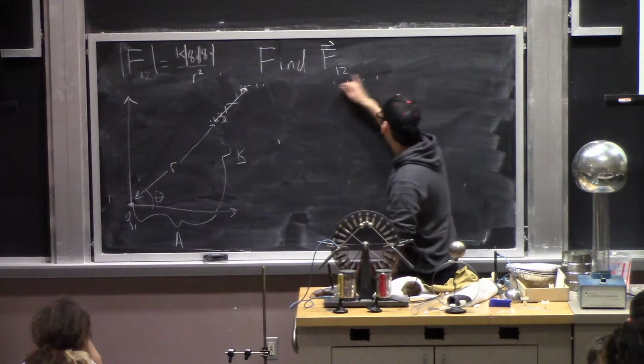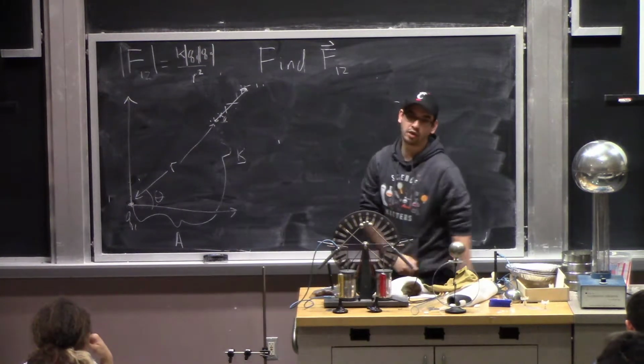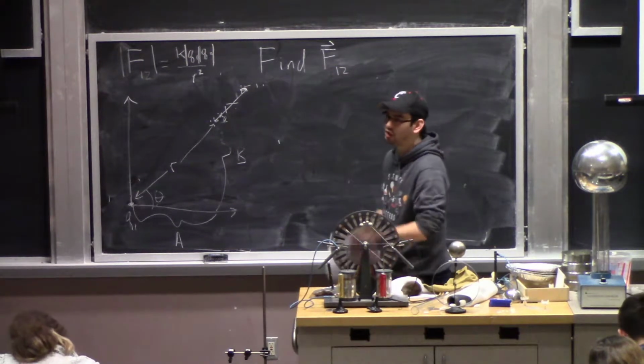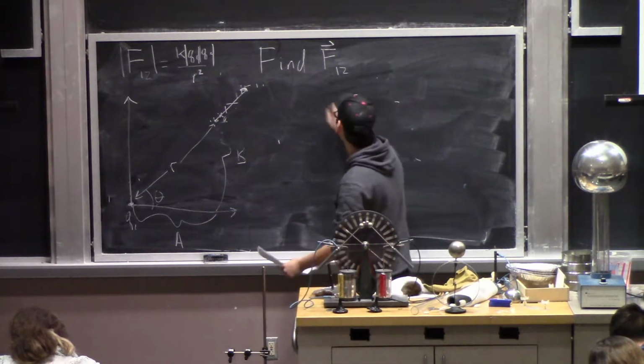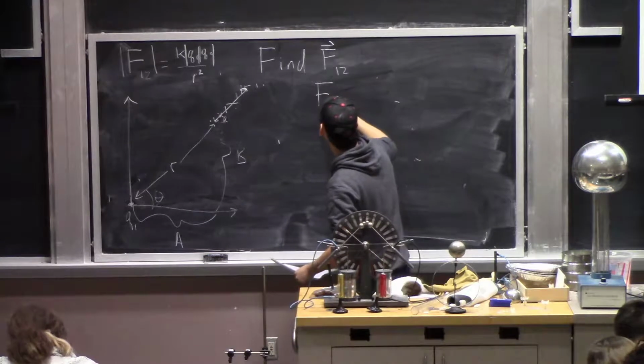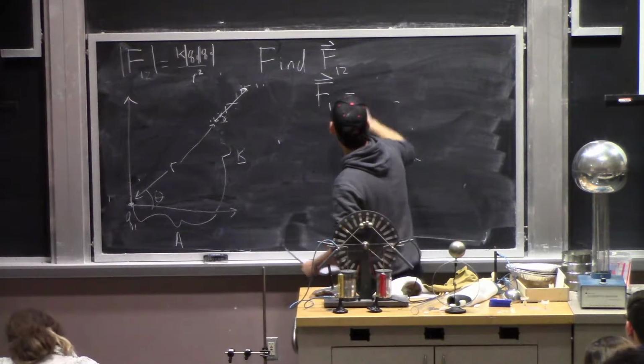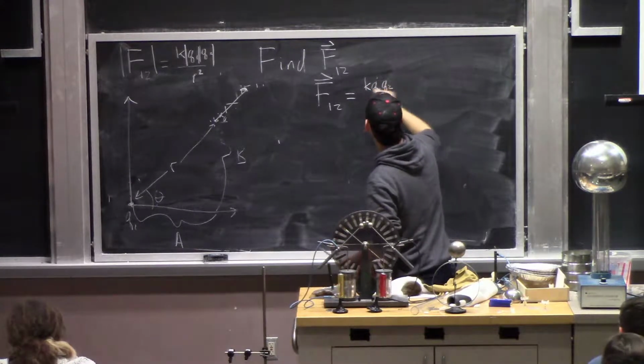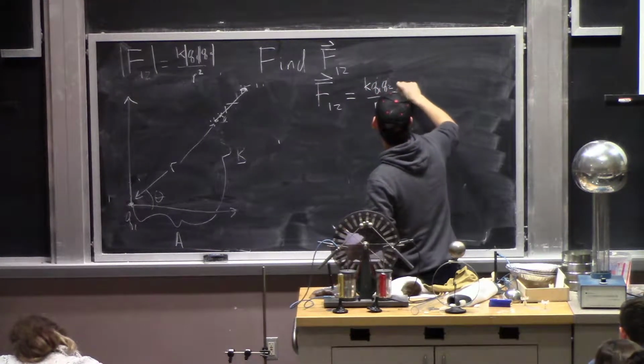The second method says, if I want to find the vector that goes from 1 to 2, why don't I just start by writing a vector equation: F12 vector is equal to K Q1 Q2 divided by R squared times r hat.